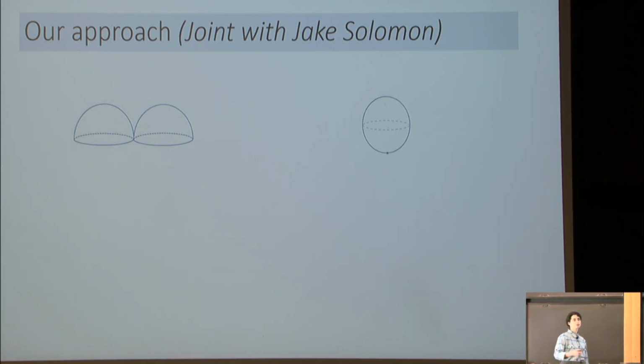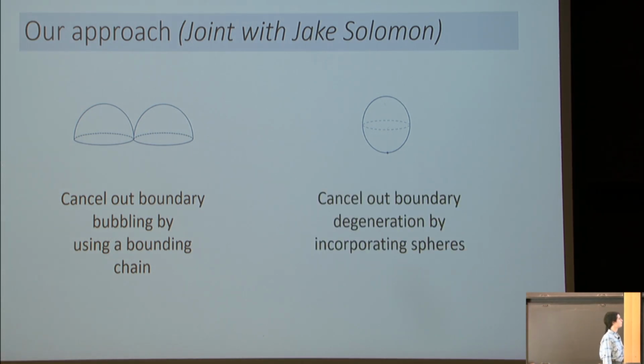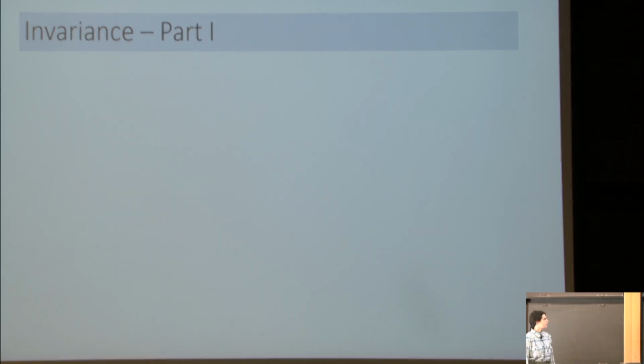We deal with each of them not by using symmetries, but by using considerations that are largely topological in nature. For disk bubbling, we cancel it out by using a bounding chain, which I will talk about in the next slide. And for sphere bubbling, we will be incorporating spheres, which I will talk about after bounding chains.